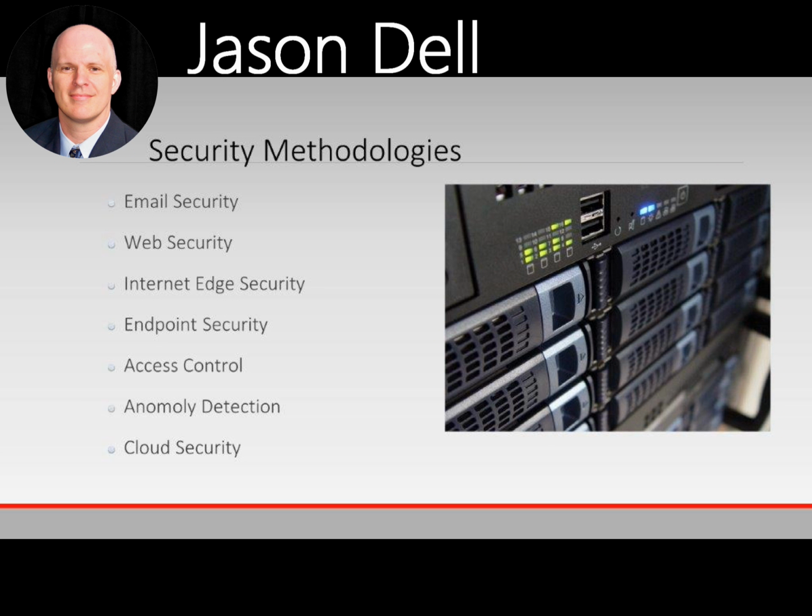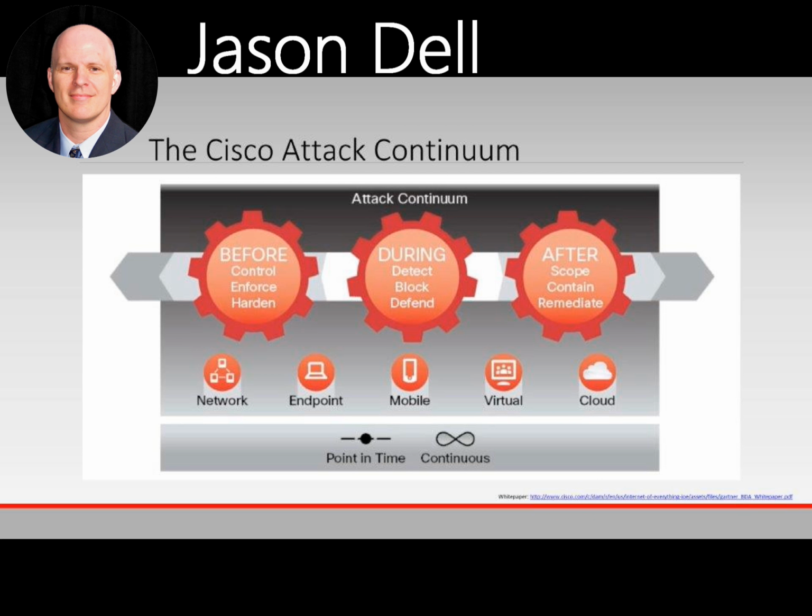The Cisco attack continuum, this is a model that Cisco's been using for some time, and they tend to match all of their solutions and products to this model. The idea is that it's best to control in the before phase to prevent compromise from happening, but it also watches during.